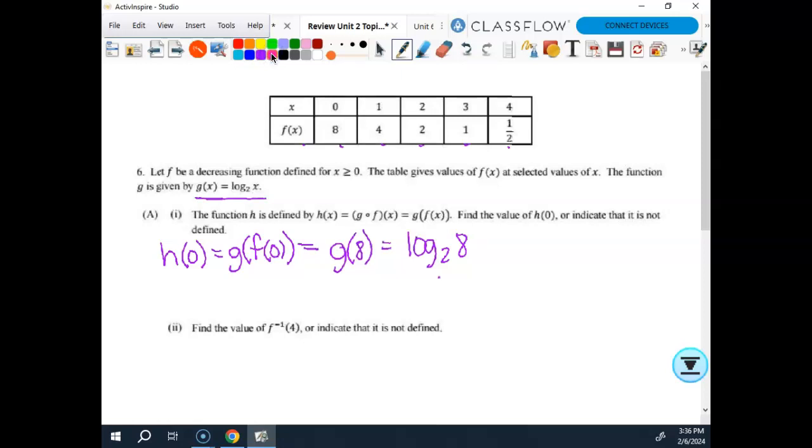So I'm going to come over here and say, all right, well, let's say that log base 2 of 8 is equal to, I used z. I don't know why, but z. So when I rewrite that, it'll give me 2 to the z power equals 8. And then I got to ask myself, what power do I take 2 to get 8? That answer is 3. So that means not only does z equal 3, but log base 2 of 8 equals 3. So my answer is 3.